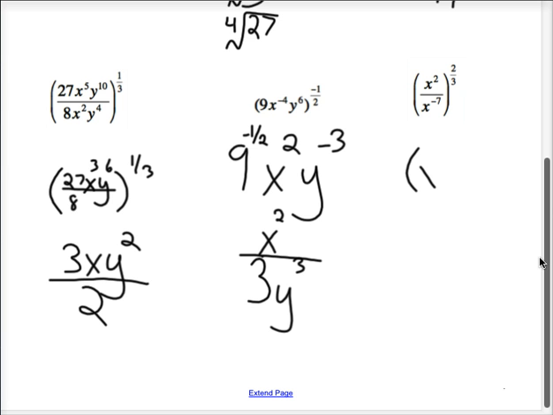So this becomes x to the 9 to the 2/3 power. And now power of a power. So we're going to multiply that. So 9 times 2/3. You end up with x to the 6. And again, you can always use your calculator to help you with those kind of calculations. If you don't know 9 times 2/3 offhand, just do it with a calculator, okay? Let it help you.